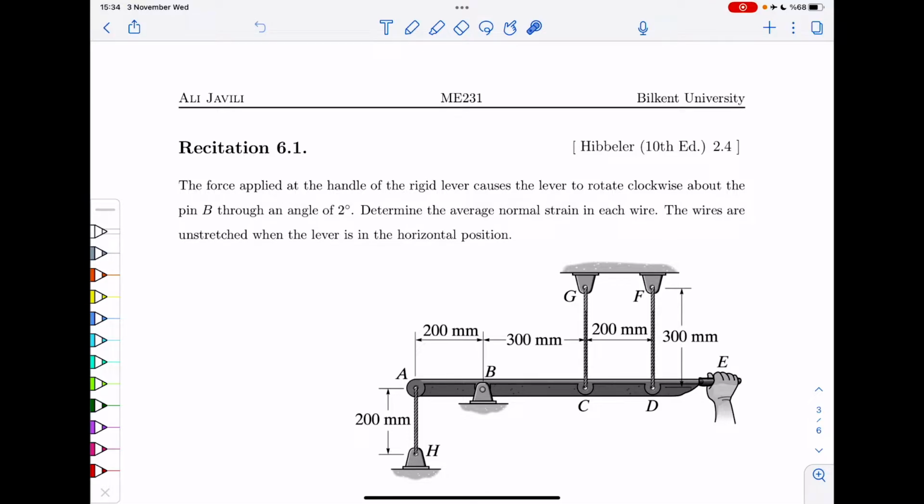Under this loading, you are asked to compute strains in each of these cables.